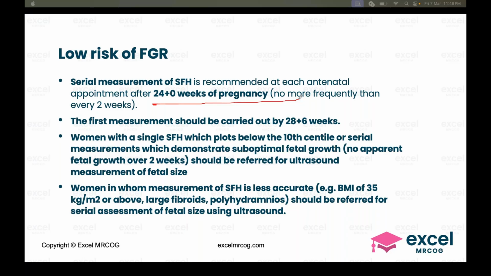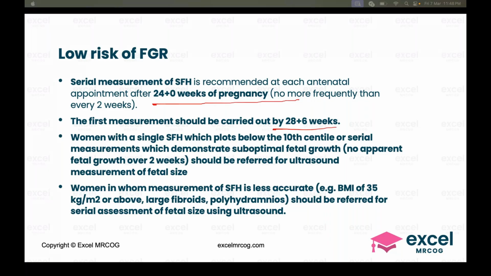So you measure the symphysiofundal height at the visits that the patient is having, and you check if the growth is adequate. You check for serial symphysiofundal height. You start, say, first after 24 weeks. The first measurement should be carried out at least by 28 weeks, 6 days.